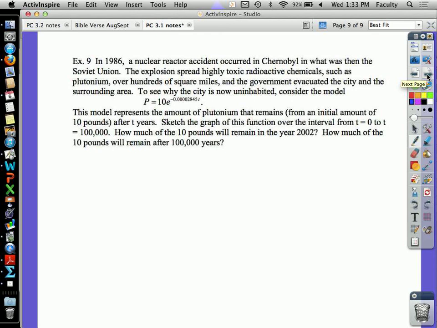t years. Now, that means 1986 is 0, okay? T is not 1986, because then that wouldn't work, would it? If I have P equals 10e to the negative 0.00002845 t power, the only way to get the initial amount to be 10 pounds is t would have to be 0.